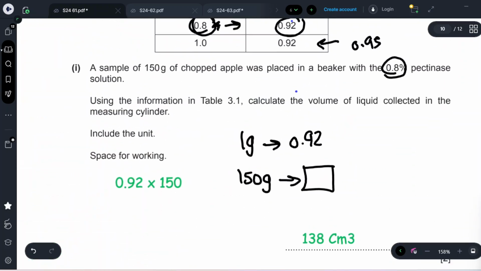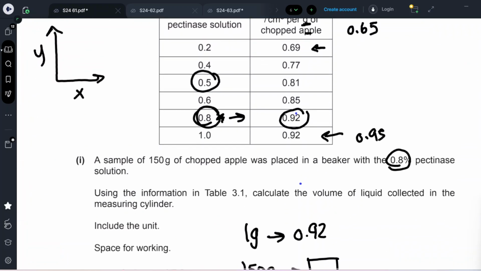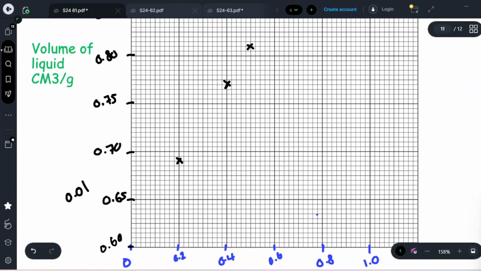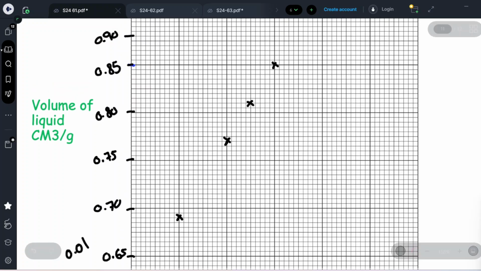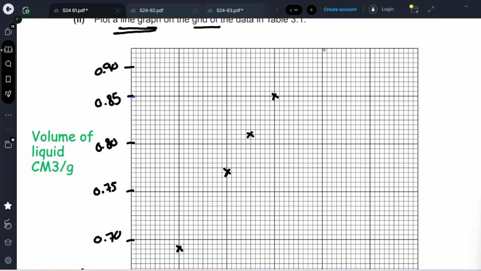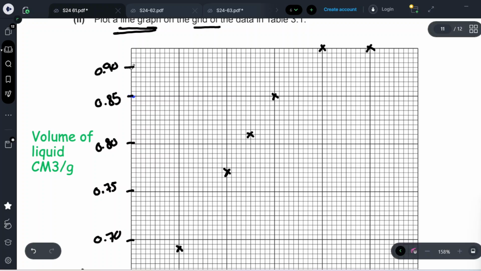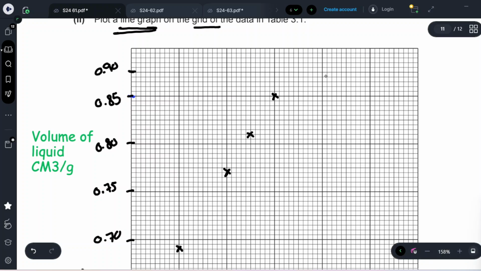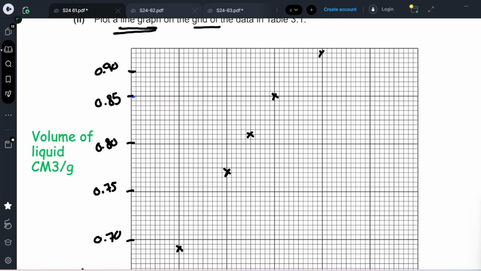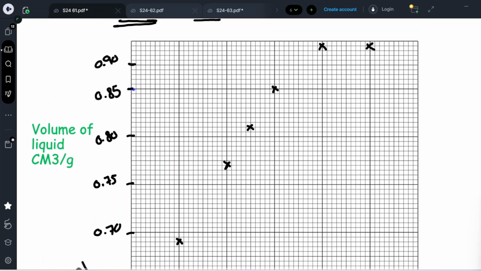Then 0.6 is 85, then 0.8 and 1 are both 92. This is the 90, 91, 92. There you go.